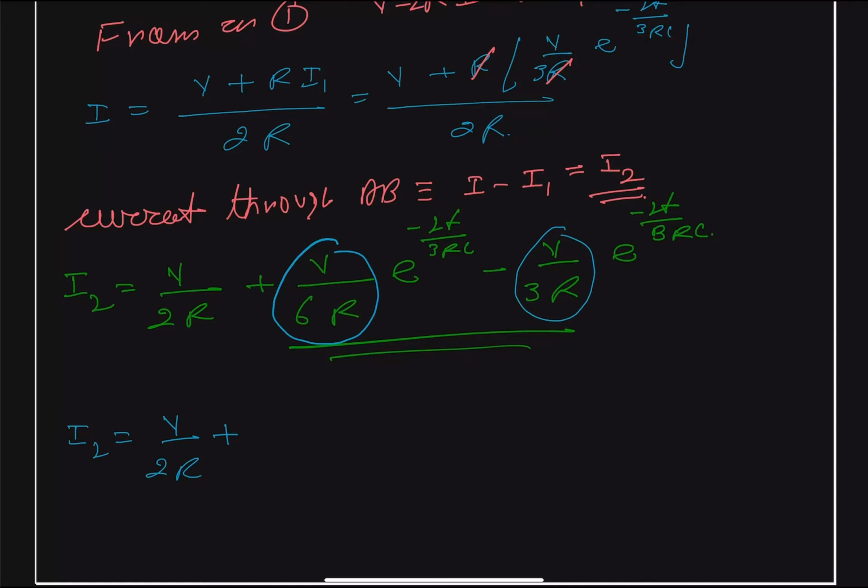Okay, and the LCM is 6R, so this will be 1 minus 2, which is a minus, so this becomes minus V e raised to power minus 2t divided by 3RC.